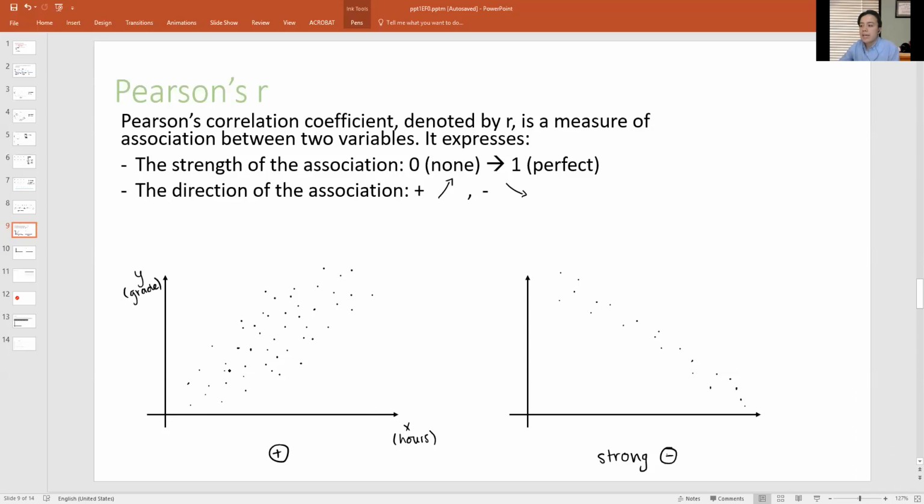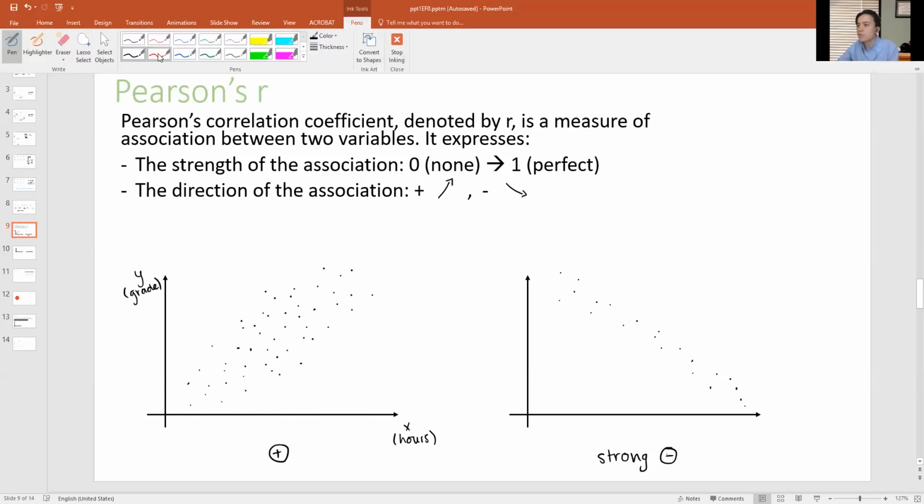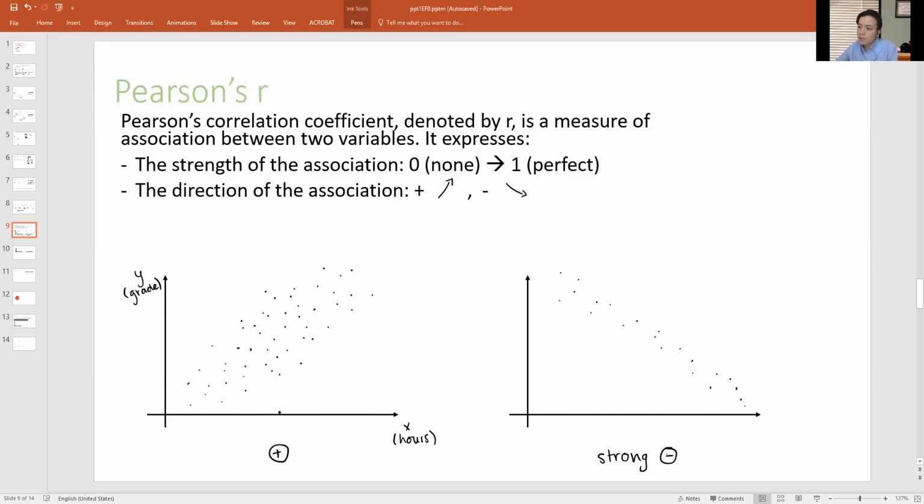Now, here we're displaying both of the variables at the same time, but in reality, we could also just describe the number of hours studying and the grade for the class. So for example, if I had a class of 30 students, I could determine the average number of hours studied in the class, so the average number of hours that a student in my class is going to study, and I could find the average grade in my class.